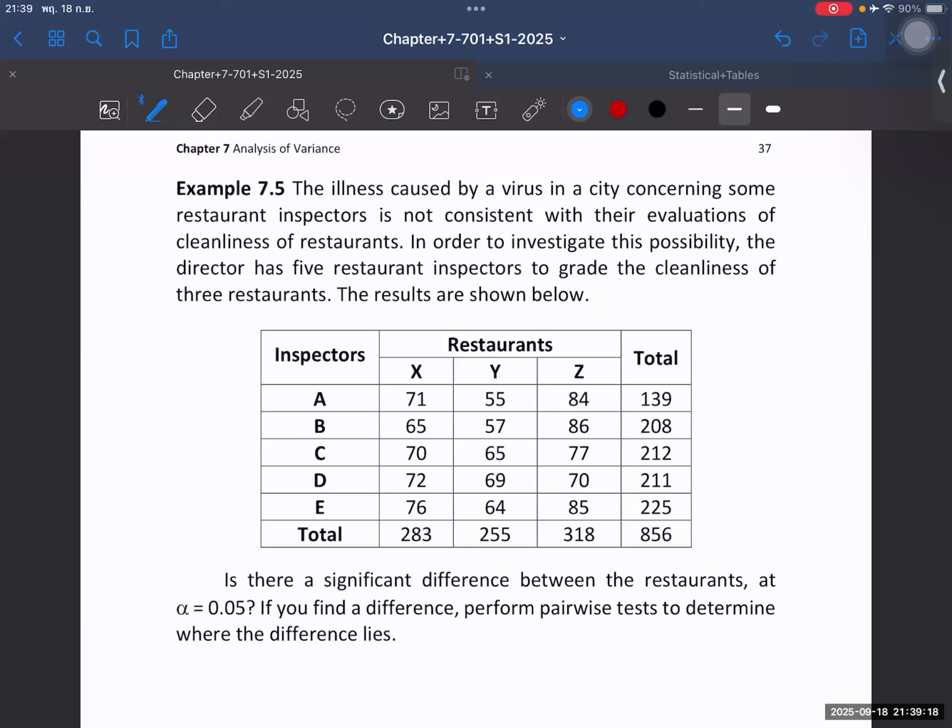Okay, so we want to see the difference, right?